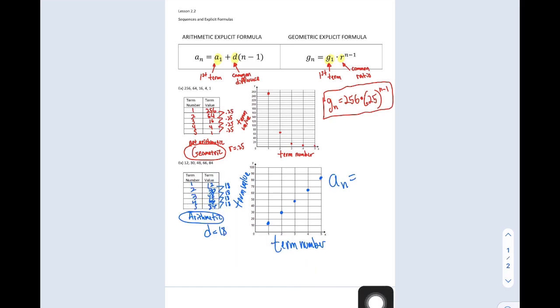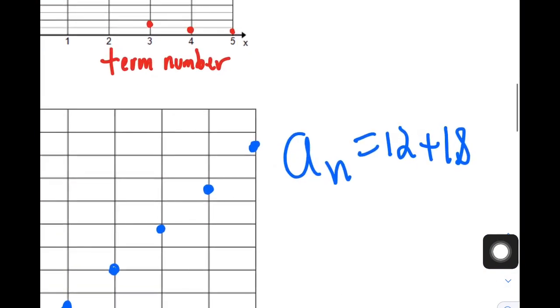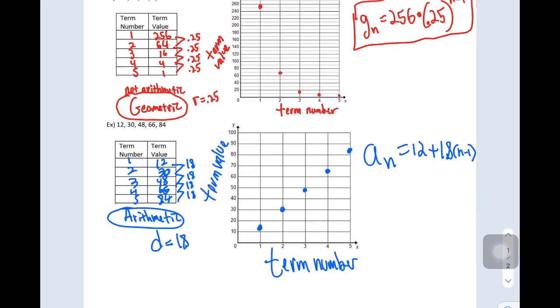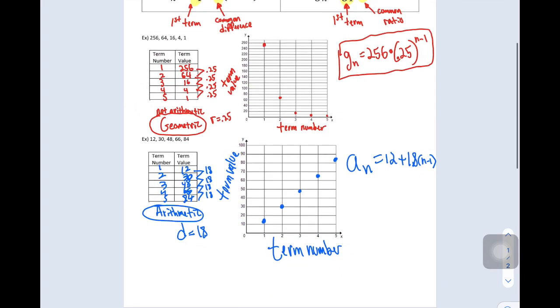It was 12. Plus the common difference. We said it was 18. We're adding 18 each time. Times n minus 1. So I'm going to zoom in over here, n minus 1.